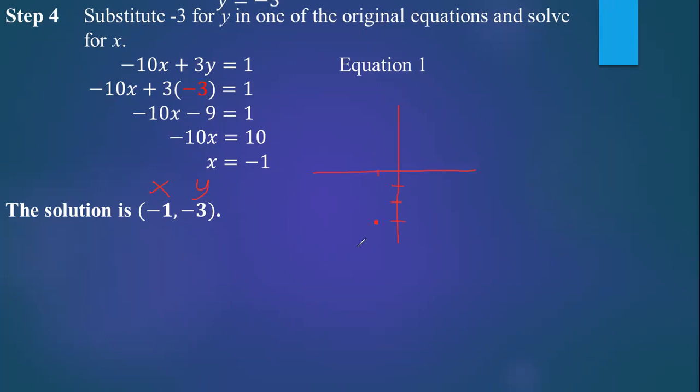We have here negative 1 and negative 3, if we put it in a graph. Remember this is an ordered pair. X should come first and then y.